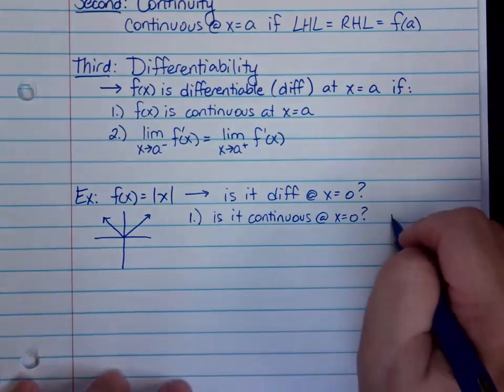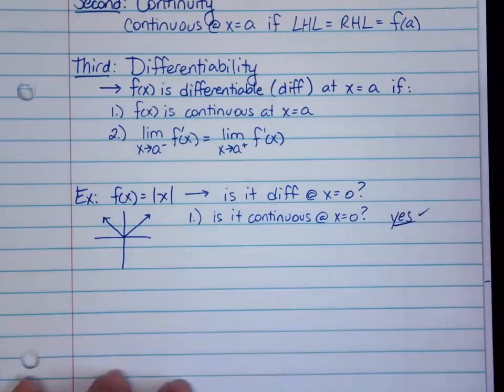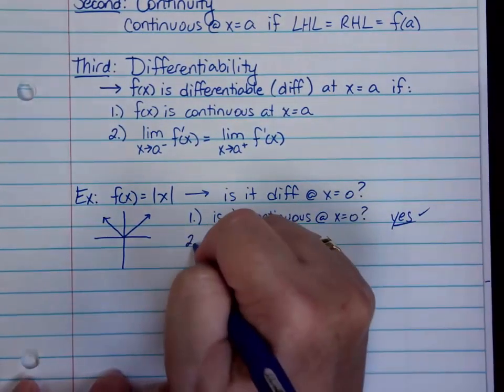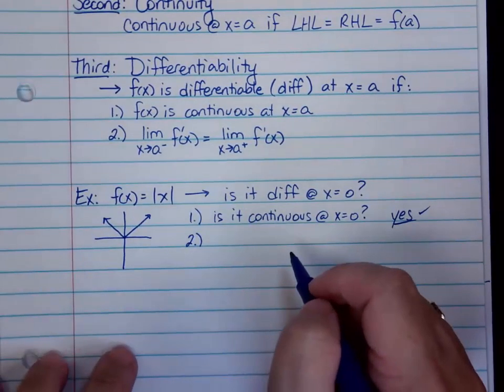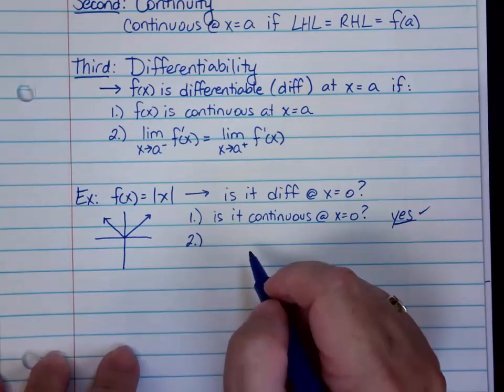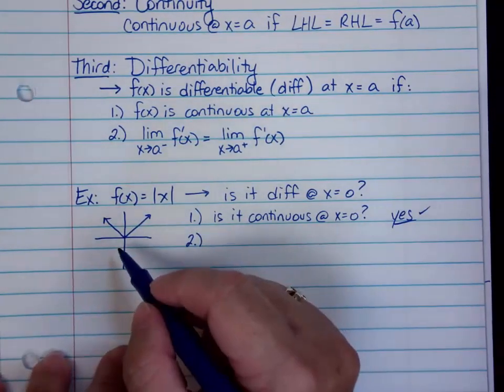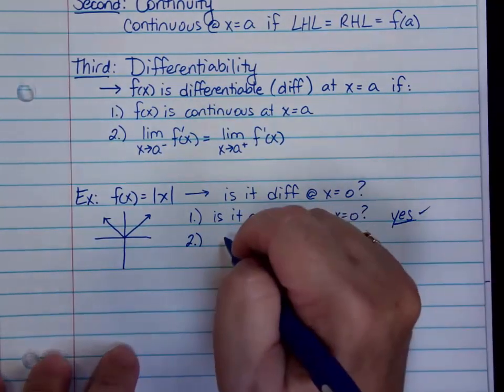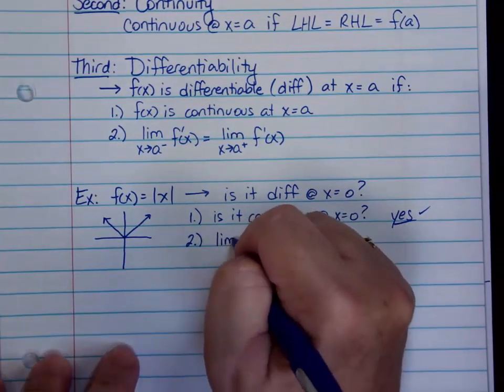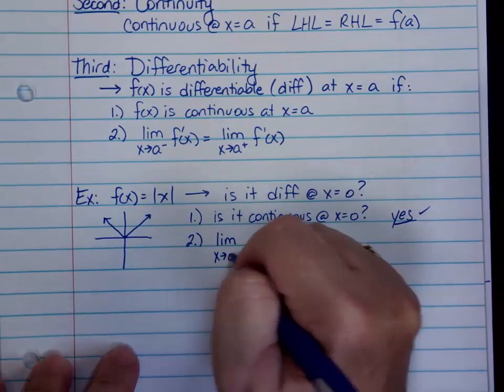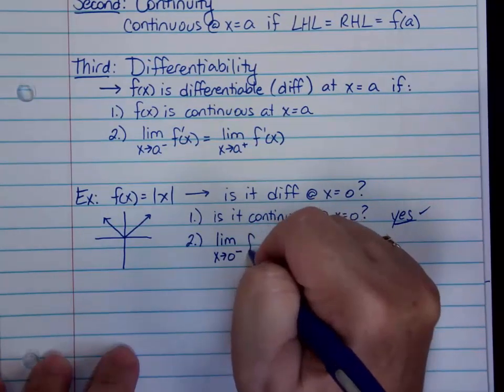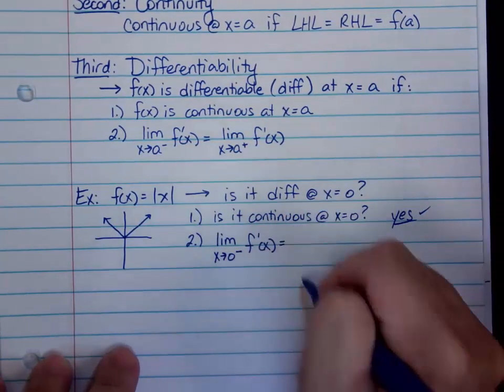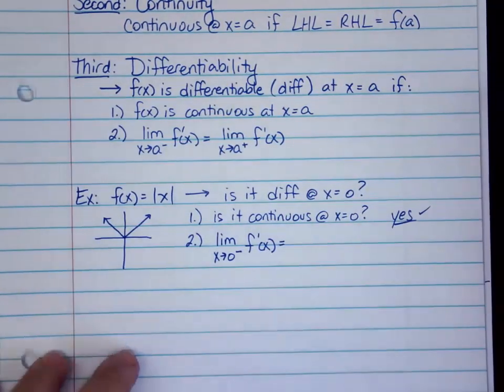The answer is yes, it is continuous. Now let's look at the limits of the slopes. Now, I told you that we're not going to take the derivative algebraically for this one. We're going to do one similar to it in a little bit. The limit as x approaches 0 from the left of the derivative is what we're going to look at first.